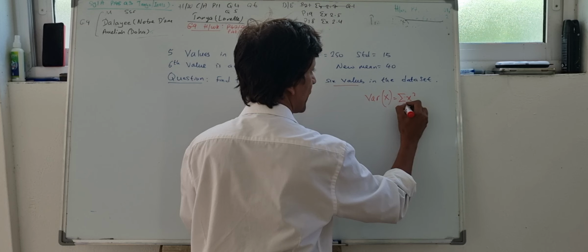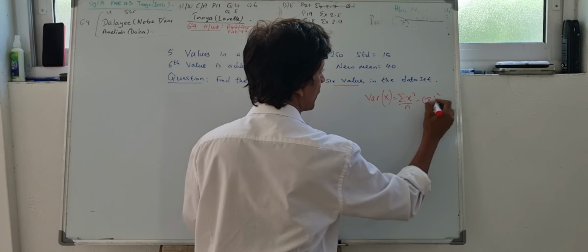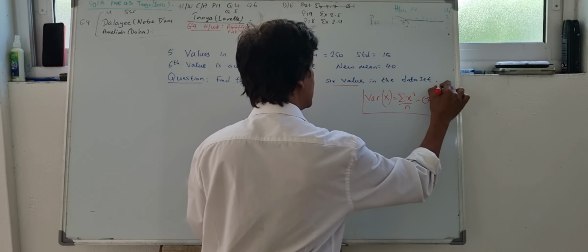Okay, so first of all, I'm going to bring to your attention the formula that's going to be used throughout this question. The variance of x is equal to the summation of x squared over n, minus the mean squared. This is a very important formula.